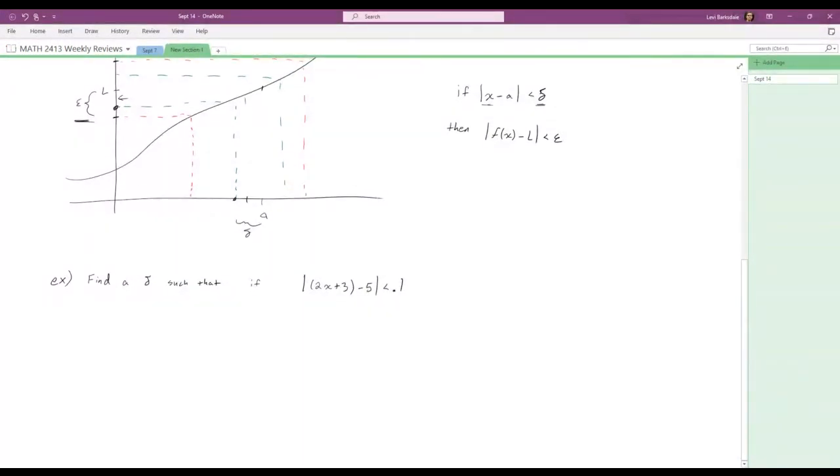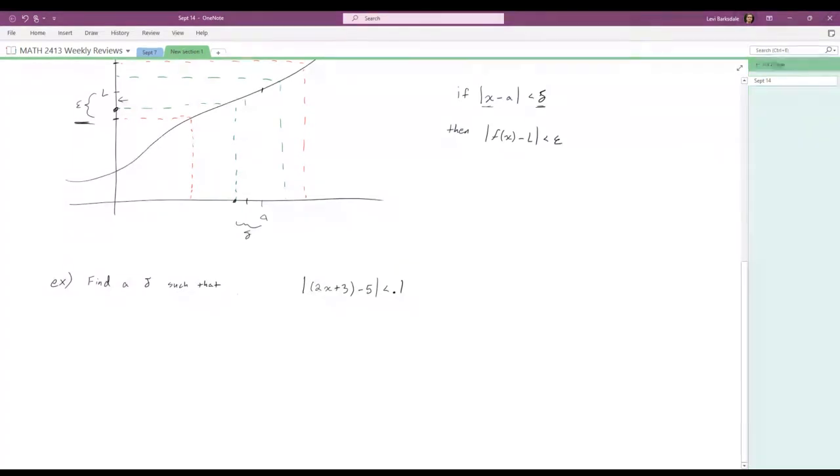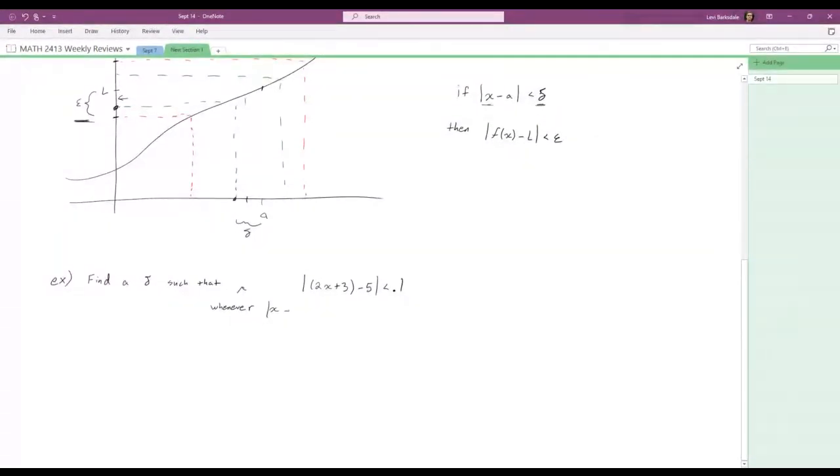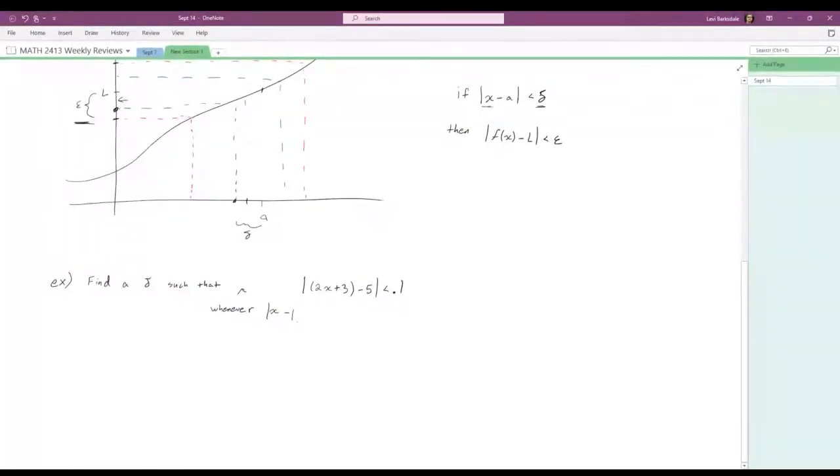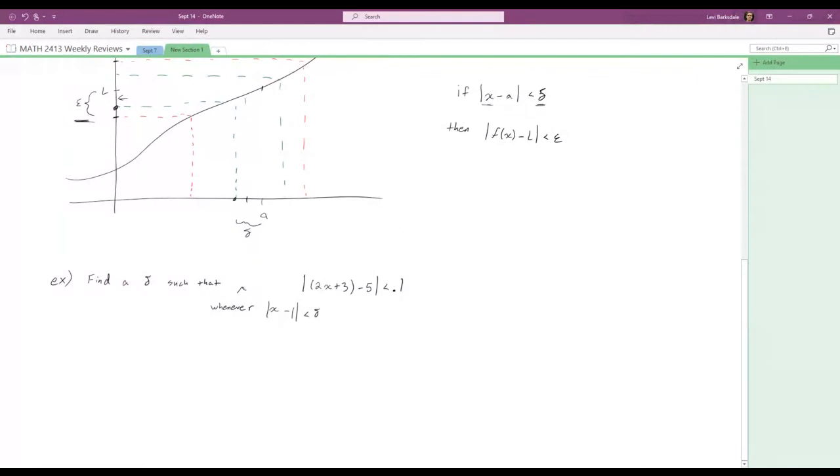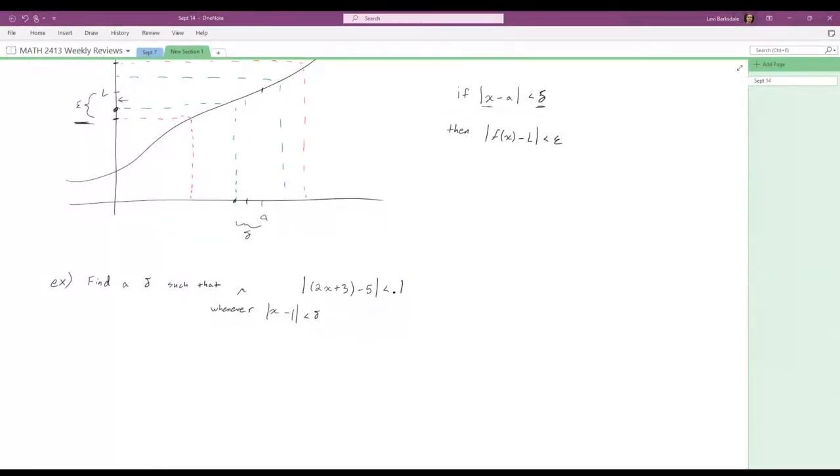All right, so this is going to be the problem. We're asked to find a delta value such that whenever the absolute value of x minus 1 is less than delta. All right, there we go. Sorry, I got a bit mixed up.